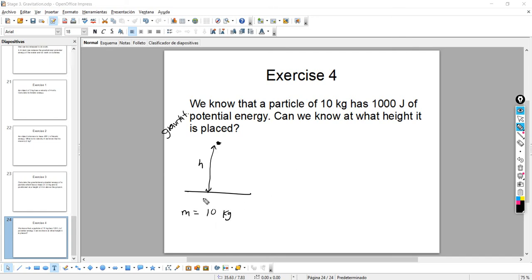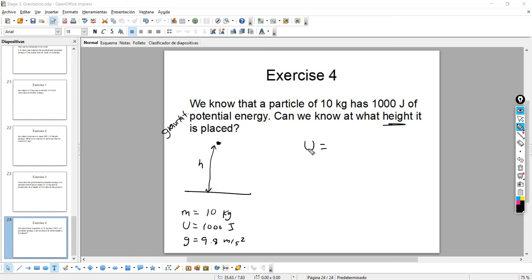And we also know how much gravitational potential energy this particle has, which is 1000 joules. And as always, we know the value of G, which is a constant. I mean, it never changes when you are at ground level, on the Earth's surface. This is the value. Okay, so can we know at what height? Can we guess H, given that we know these things?